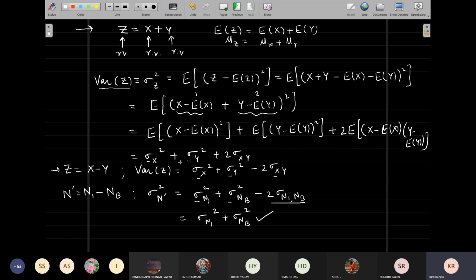For example, students are implementing these errors just like that, with m prime equal to n1 minus nb, and they are just using this expression, root n1 square plus root nb square, without recognizing that it comes directly from the idea of the bivariate distribution.